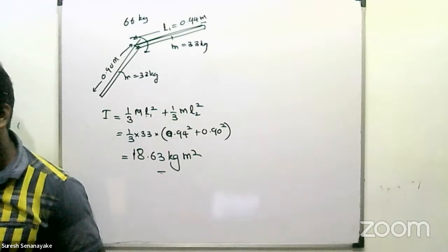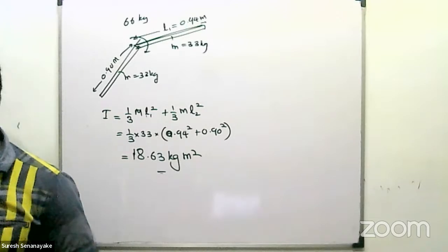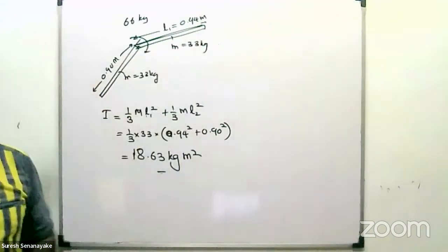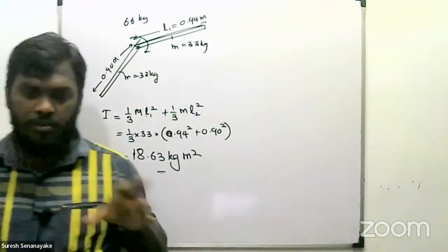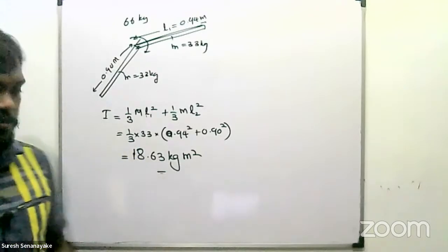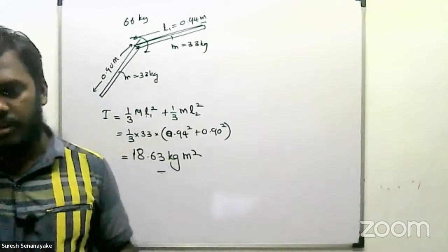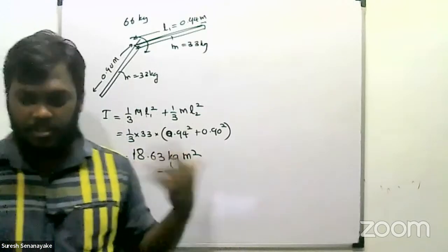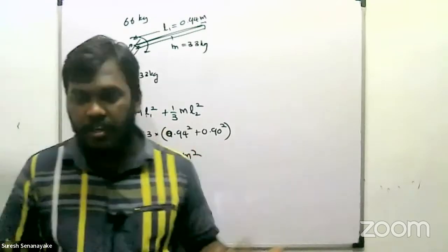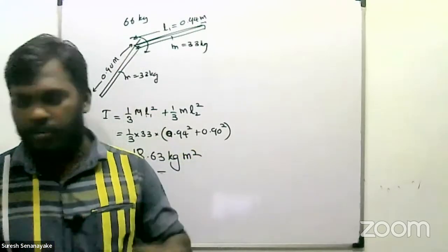Account for any difference between the value calculated in part 1 and this. Because we assumed that this body has two equal masses, rods of two equal masses, right? But actually we know that the mass distribution of a body is not uniform, right? Different, right? And also the density of the body parts is different, because it is not uniform.